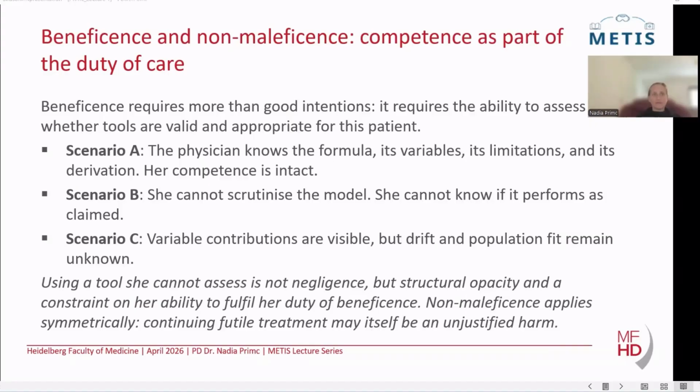In scenario B, we see the situation improves, but it is not fully resolved. So the physician can see which variables contributed most to the prediction, but the clinician does not know, in the same way as in scenario A, whether the model's learned patterns are appropriate for this specific patient.